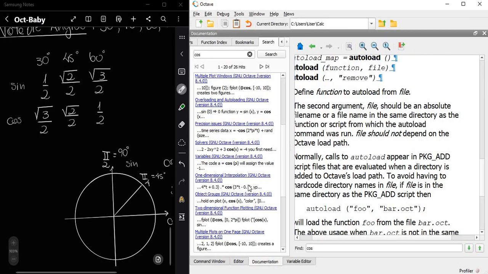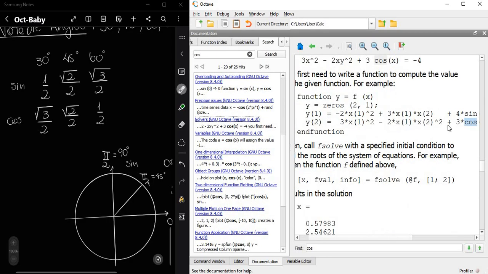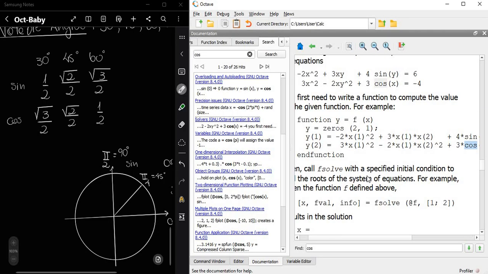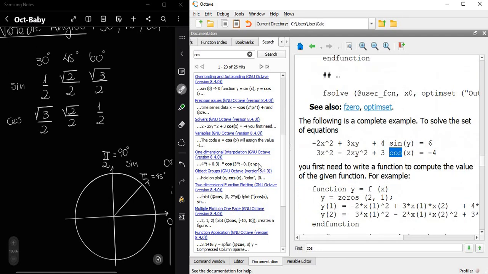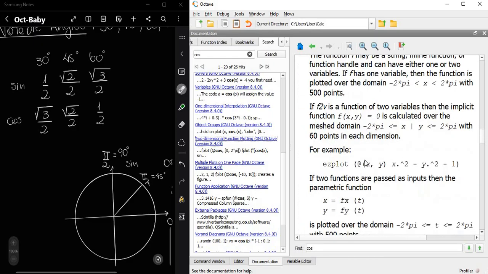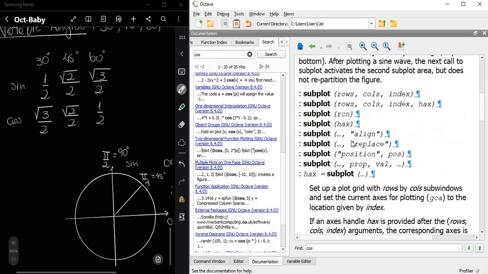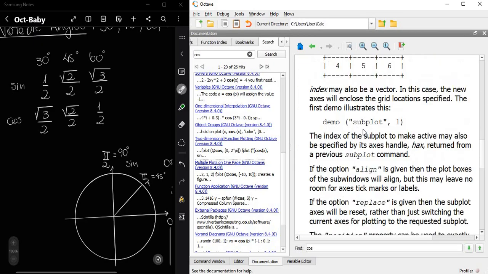And I strongly recommend that you do research in the documentation, because Octave offers a bunch of code that you can use to learn and to do experiments. And we can probably find some piece of code right here that we can use.